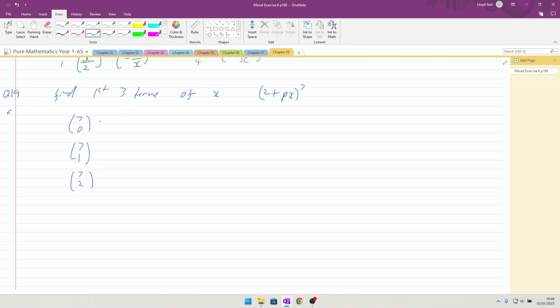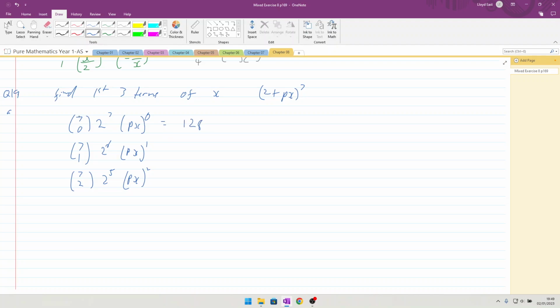We are then going to be working on 2 to the power 7, 2 to the power 6, and 2 to the power 5. And that's going to get multiplied by (px)^0, (px)^1, and (px)^2. Okay, so as we put this through, 2 to the power 7 is 128.